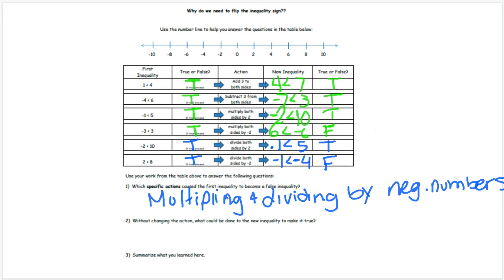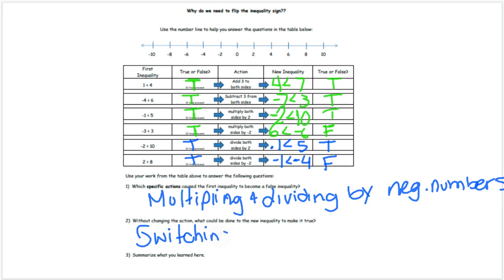Now, question number 2. Without changing the action, what could be done to the new inequality to make it true? Well, think about it for a second. What could I do to that inequality to make both of those false statements true? If you thought switching the sign, you would be right.